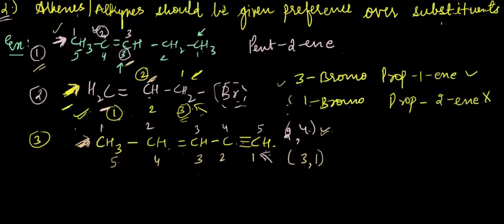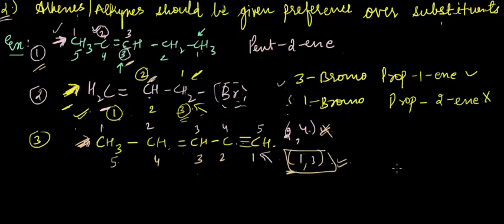But if you start numbering from this carbon atom, you can find them at position numbers 1 and 3. At 1 we can find the alkyne, and at 3 you can find the alkene. Hence 1, 3 would be given more priority over 2, 4 because 1 comes before 2. Hence this would be chosen, not this.